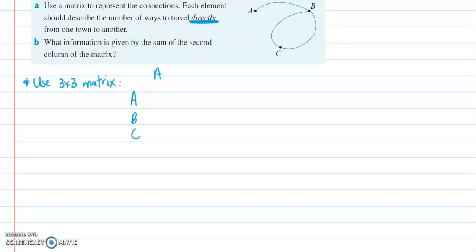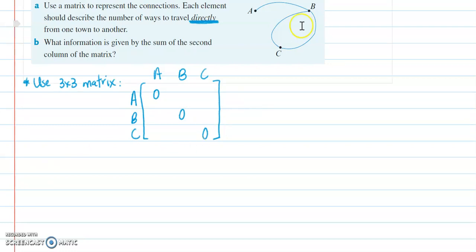Town A, B, and C. Now, because obviously we can't go from town A to town A, or town B to town B, or town C to town C, those three entries will have no direct path. So A to A will be a 0, B to B will be a 0, and C to C will be a 0.